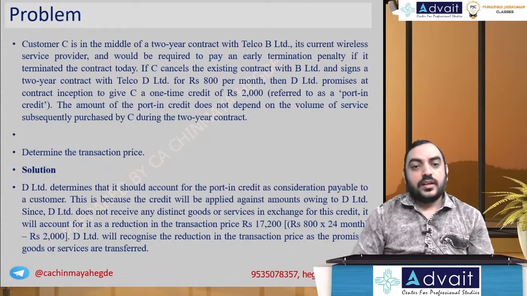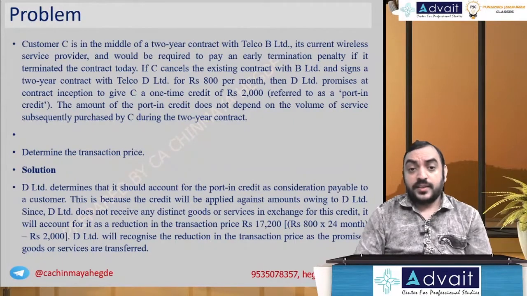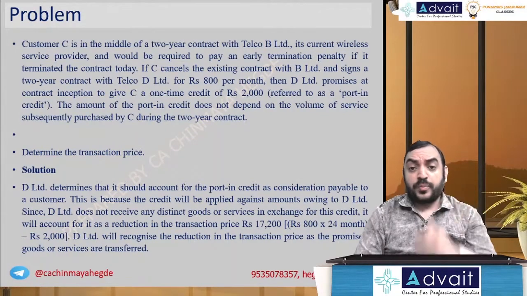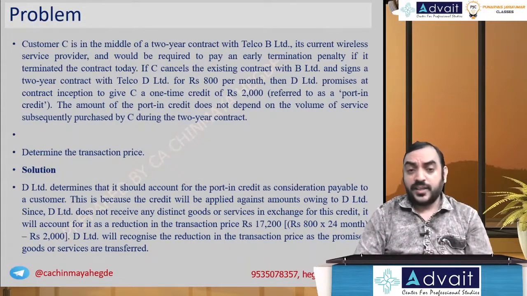Next, customer C is in the middle of a 2-year contract with Telco B Limited. It is its current wireless service provider, and it would be required to pay an early termination penalty if it terminates the contract today. So if you want to go away today, you have to pay a penalty.